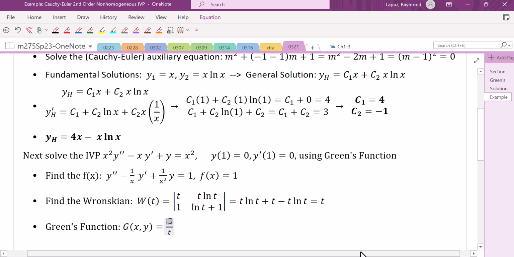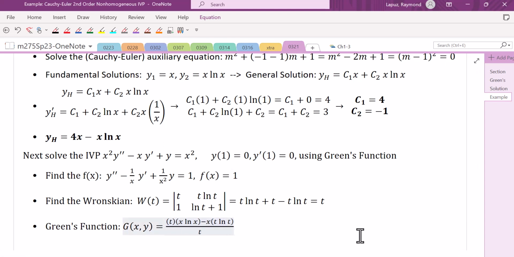The numerator is going to be the first function in terms of t, so that's just t, and the second function in terms of x, so that's x ln x, and then we have a minus, and then it's the first function in terms of x, and then the second function in terms of t, ln t.